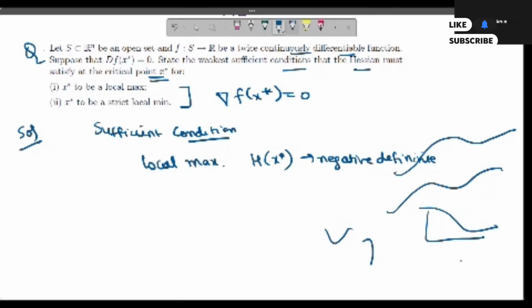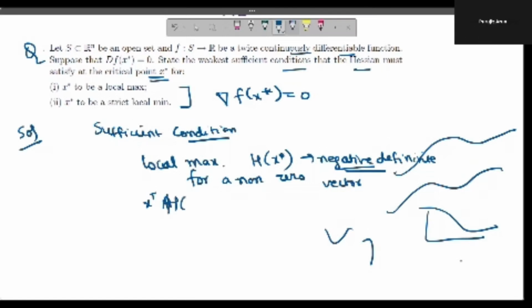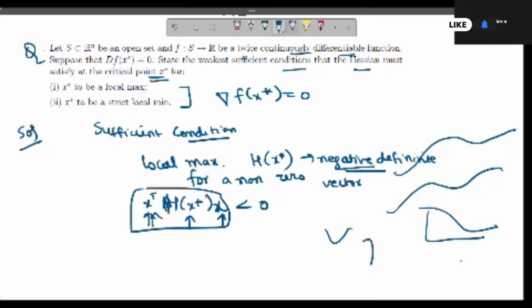For a non-zero vector, you can find negative definite by the quadratic form: x transpose times Hessian times x, less than 0, where x is a column vector. Also, less than or equal to 0.